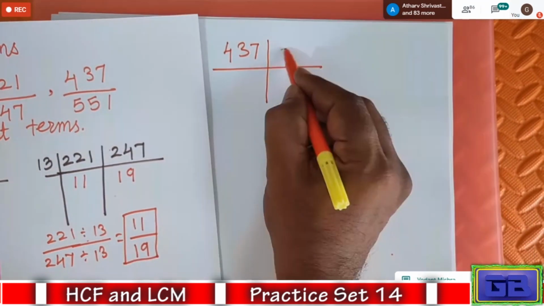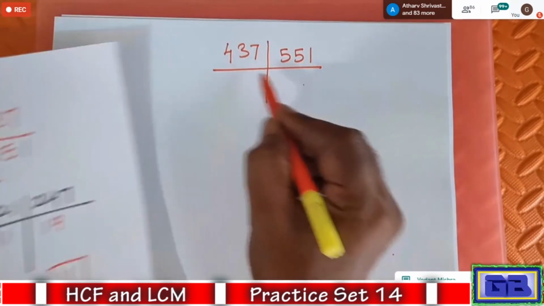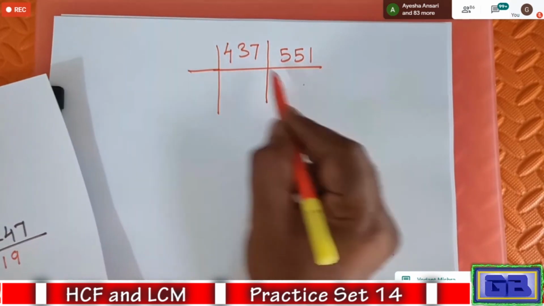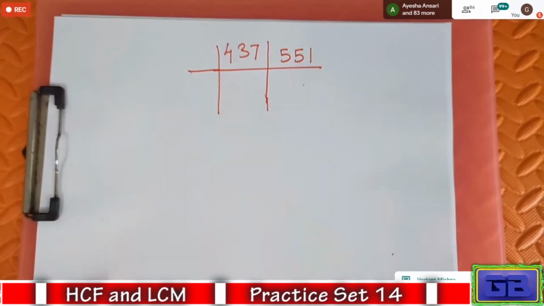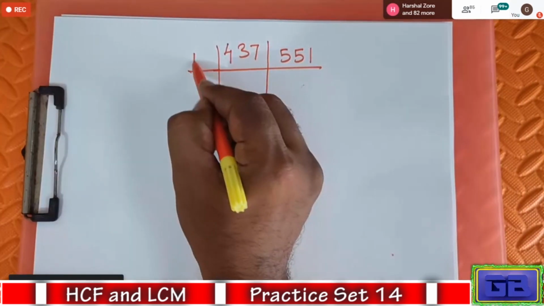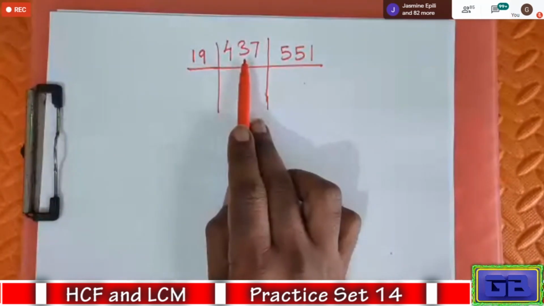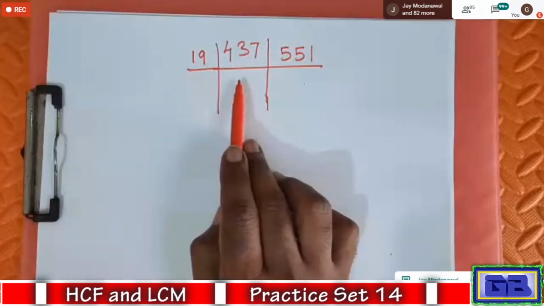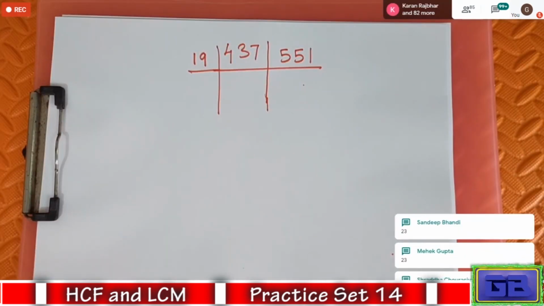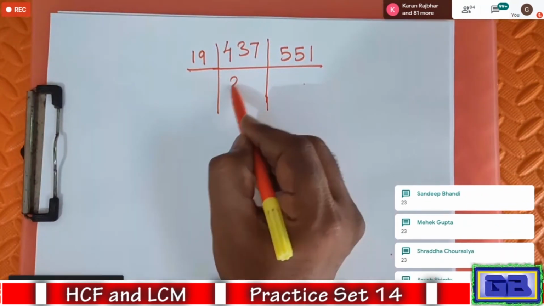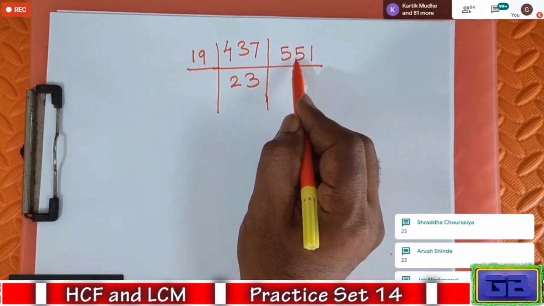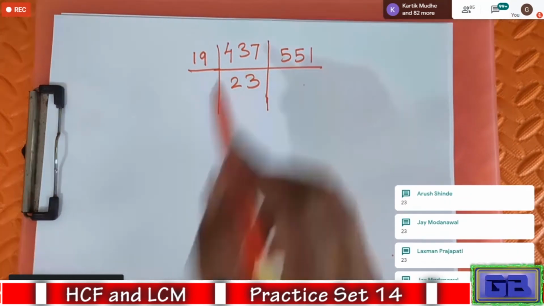437, 551. Will divide both the numbers by 19. When we divide 437 by 19, what answer comes? 23 is correct. And now divide this number 551.